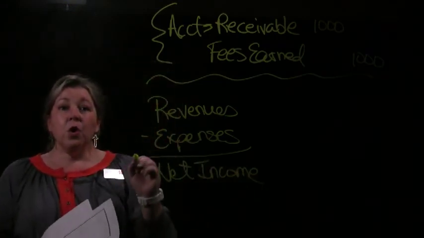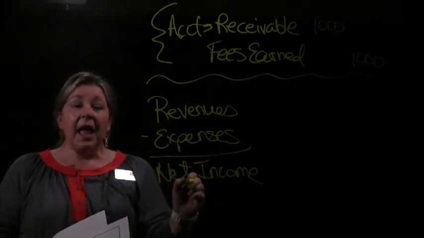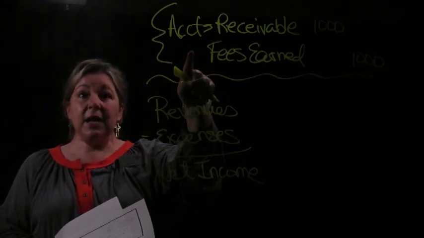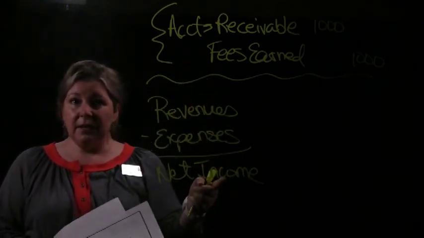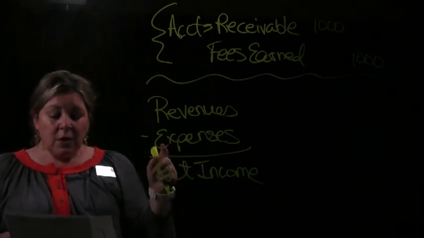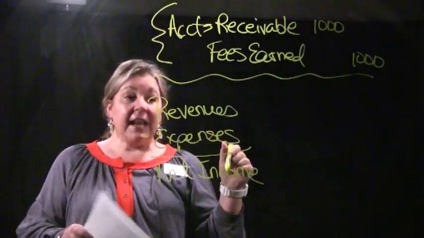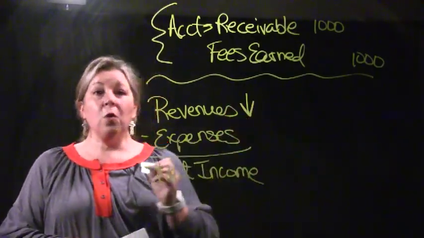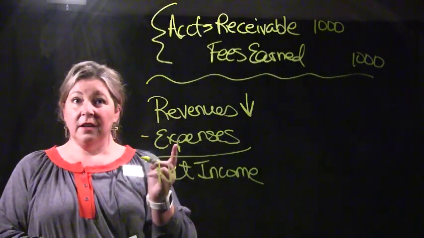In this entry we were supposed to increase our revenues, but we didn't, which means on our income statement our revenues are lower than they should be, right?